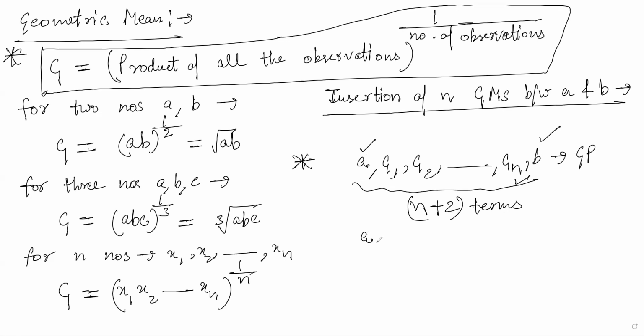So last term is the n plus 2th term, अगर टोटल इतनी टर्म्स है तो. Now what is the last term? This is b. How can you write this n plus 2th term? a into r to the power n plus 1.